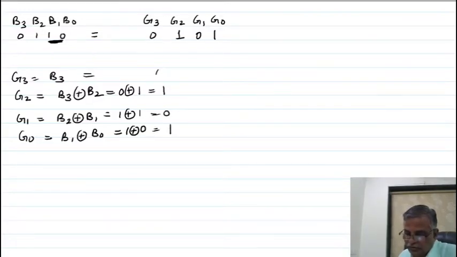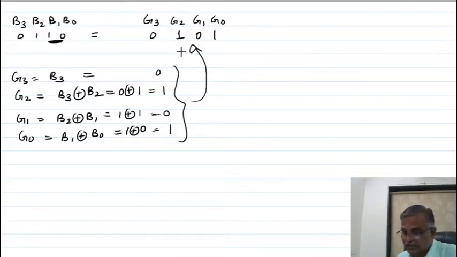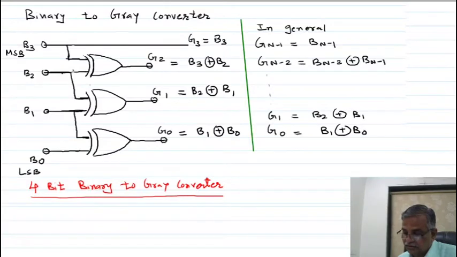This is your answer. I am also showing you the table of a binary to gray code converter. If you can remember this circuit, you can convert the binary into gray code with the help of this XOR gate.